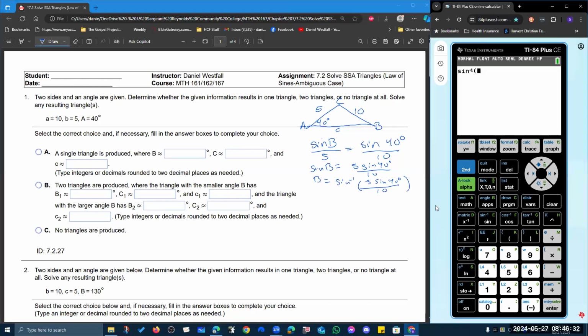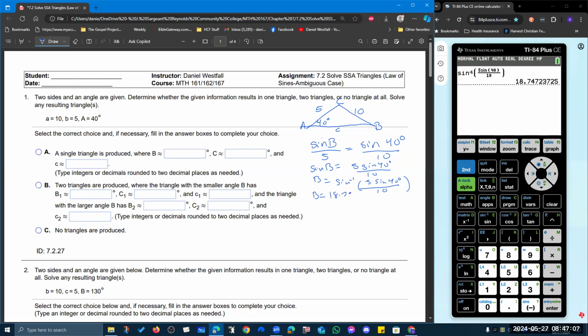So arc sine of 5 sine of 40 degrees over 10, and we get B is equal to 18.75. Okay.